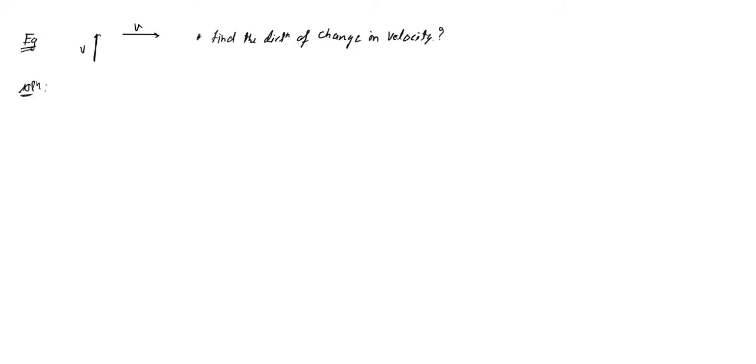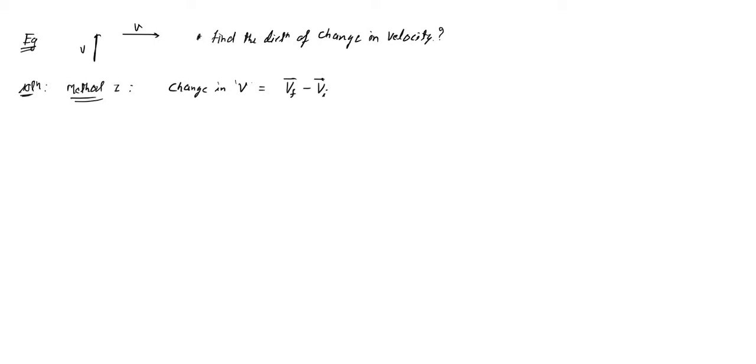So let us try to solve it by method 1. Now what is the meaning of change in velocity? As we already know that velocity is a vector quantity, so change in velocity is the final velocity vector minus the initial velocity vector.